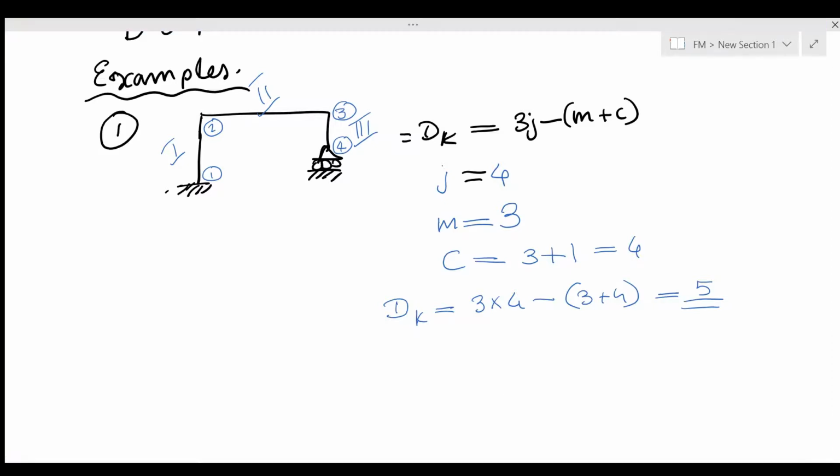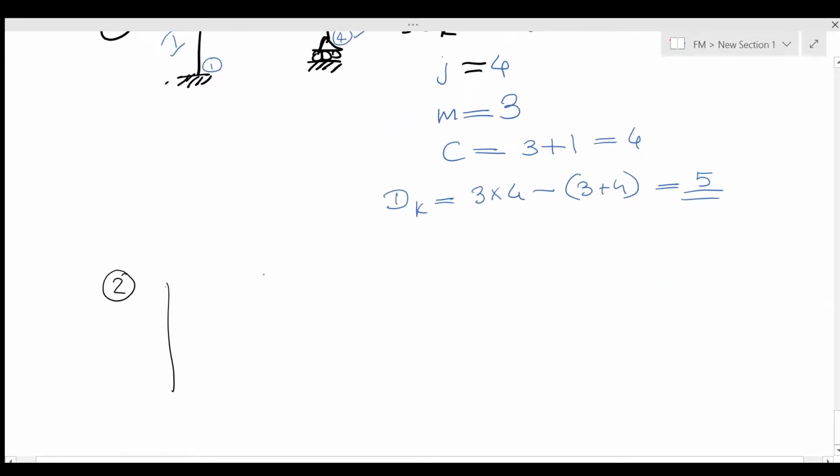Okay. Now let us see another example. We have a roller sliding support at one end and a fixed support at the other end. So this portion is free to move. Therefore, this is a free frame. Therefore, the equation for degree of freedom is dk is equal to 3j minus m plus c.